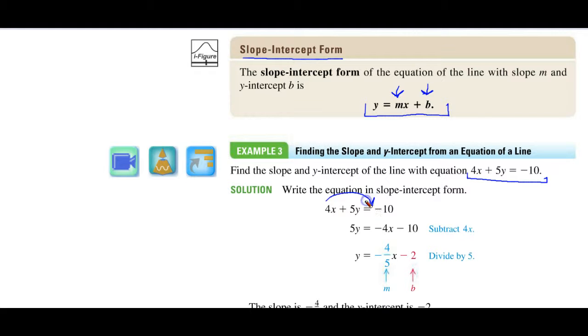Transpose your x term, remember it changes its sign, divide everything by 5. So your slope now is your numerical coefficient of x, a negative 4/5, and your y-intercept is a negative 2. So it's sort of the reverse of what we've just done when we had it in this form to put it back in standard form.